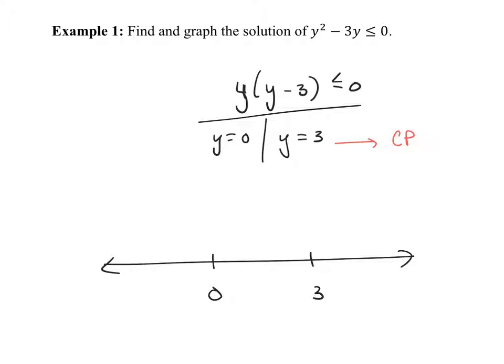Test a point from each region in the factored form. When you test -1 in the factored form, do you get a negative or a positive result? If you plug -1 in here and here, what kind of an answer do you get? -1 times negative, yeah. So negative.